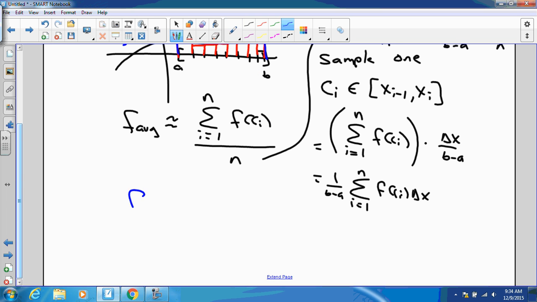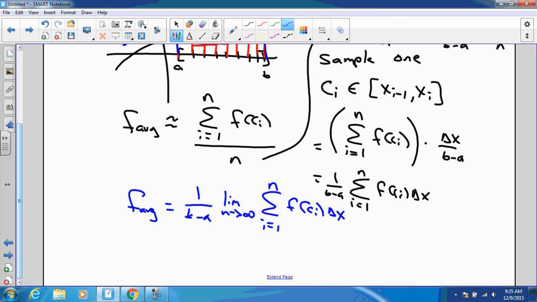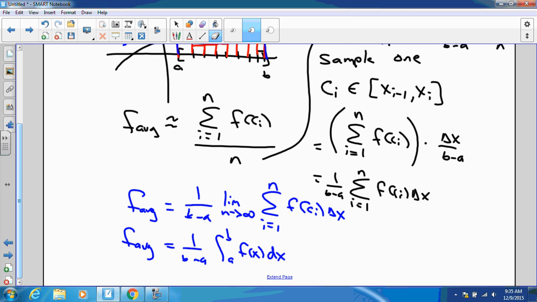So f average is going to be exactly equal to 1 over b minus a times the limit as n goes to infinity of the sum from i equals 1 to n of f of c_i delta x, which is a definite integral. And boom, I have my average value.